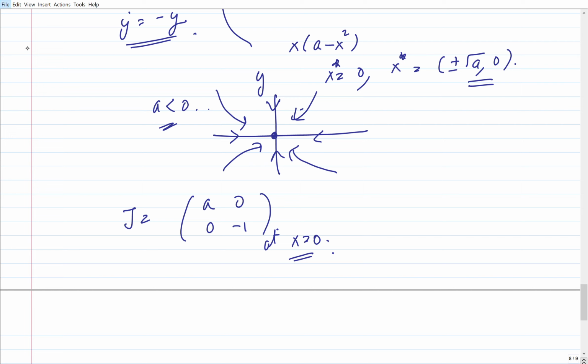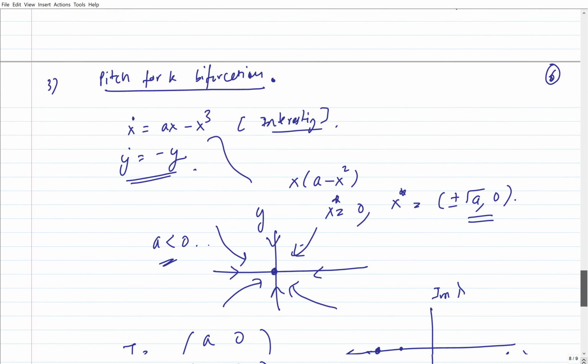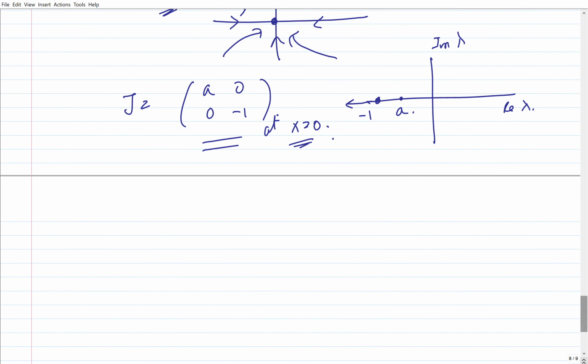And since a was less than 0, both the eigenvalues are negative. So in the spectrum of the eigenvalues, this is the imaginary part, this is the real part. This is minus 1, this is a. Both eigenvalues are negative, we are stable.